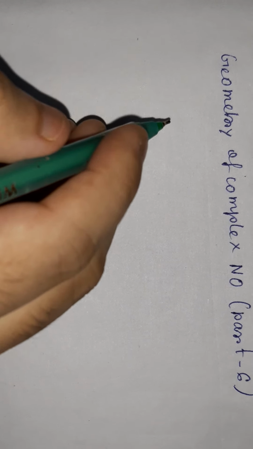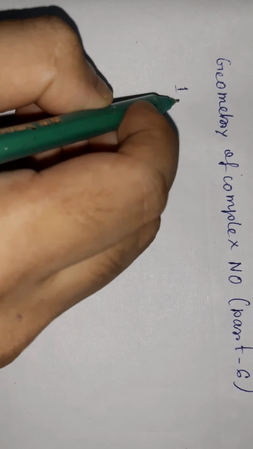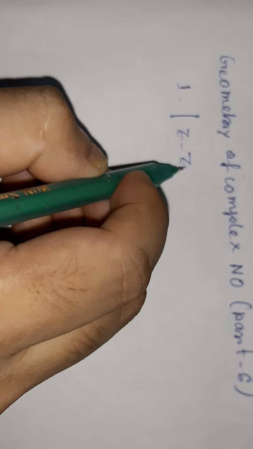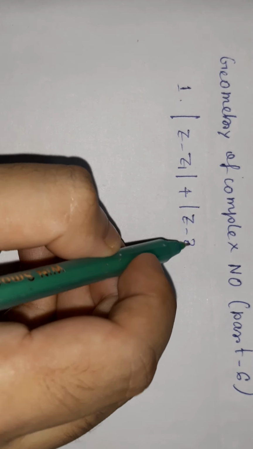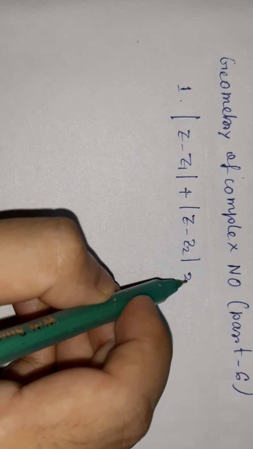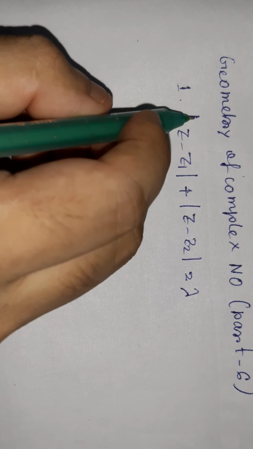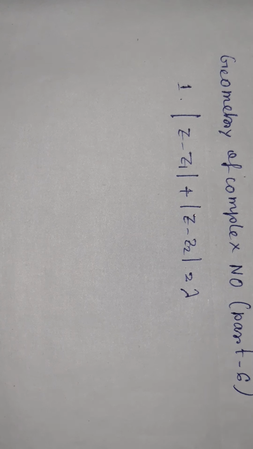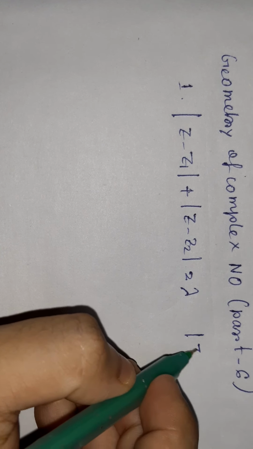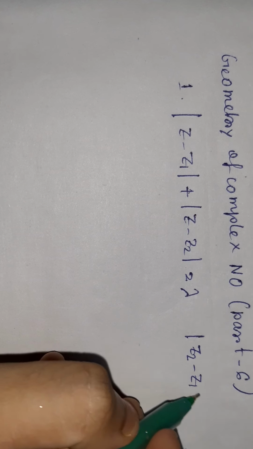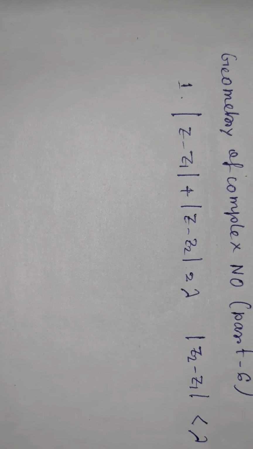The equation of an ellipse in the complex plane will be |z - z1| + |z - z2| = lambda, and this type of equation will represent an ellipse if it satisfies a condition: the modulus of z2 - z1 must be less than lambda.